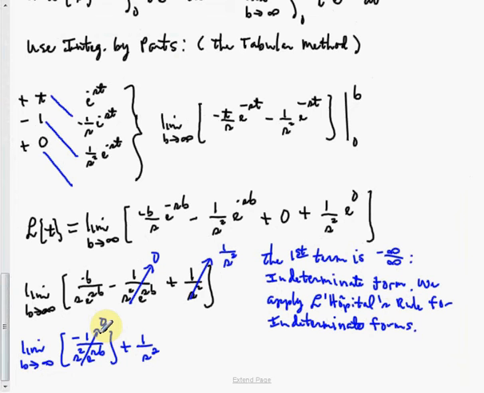Now Tyler was on to something too, where he said that for this negative b over s times e to the sb, as b goes to infinity, e to the sb, or e to the b, if you will, goes to infinity faster. And so if you look at that in terms of some type of trajectory, you can see where this would go to 0 in terms of analytics, and that makes sense.